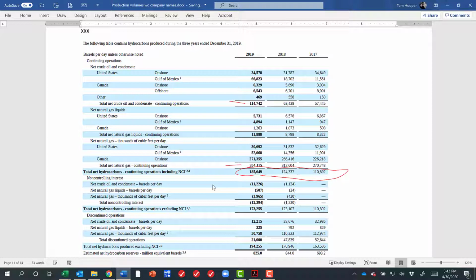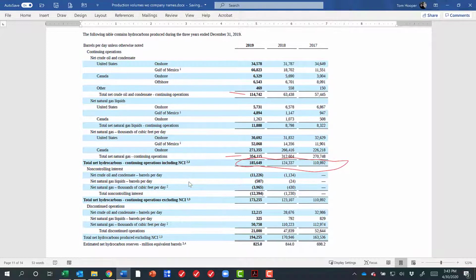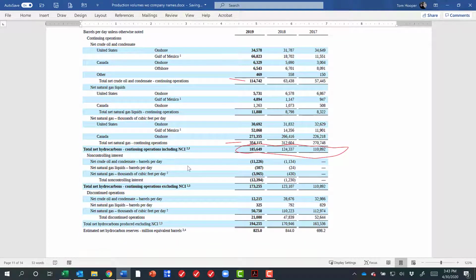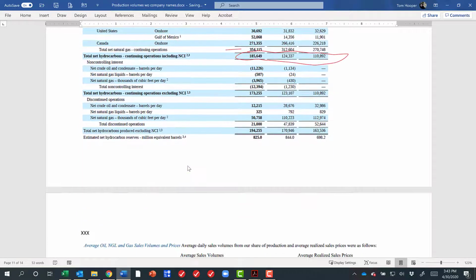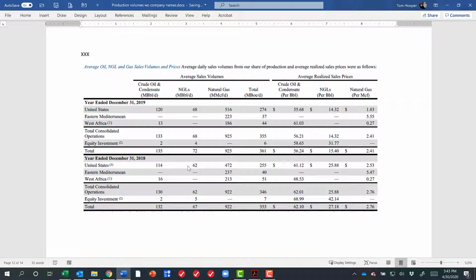This company actually reported their production, deducted some for a non-controlling interest. We haven't really gotten that deep into the non-controlling interest in this class, so I won't start that here. But ask your accounting teacher about non-controlling interests.